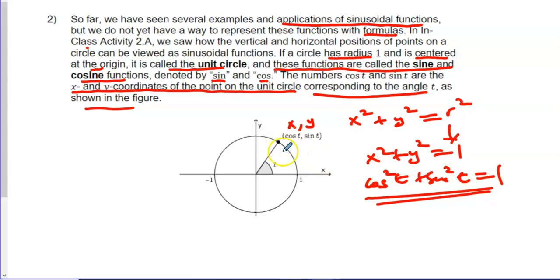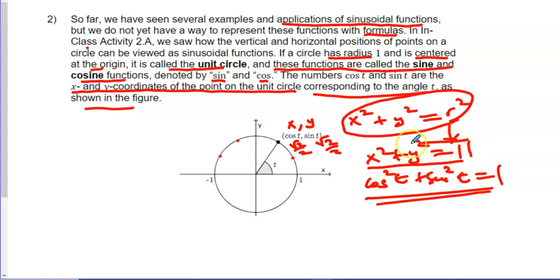And so every point along the unit circle should satisfy this expression. For example, if we have cos t to be square root of 2 over 2 and sin t is square root of 2 over 2, then when we plug these into that expression, we should get 1.